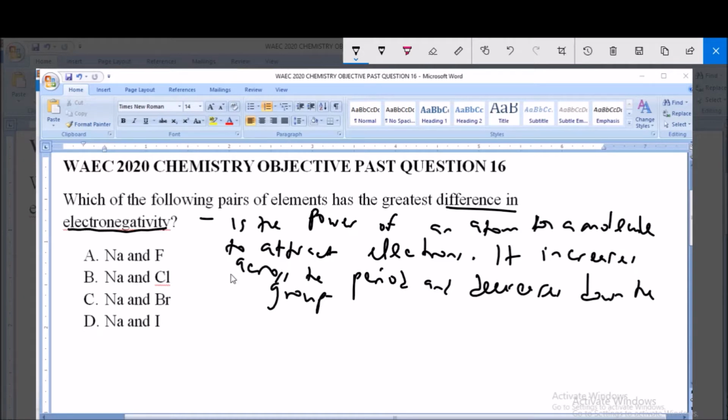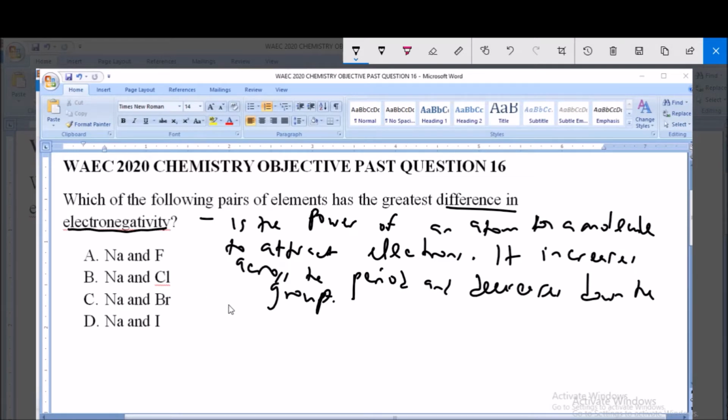So take for example group 1 elements. As you progress down the group, the electronegativity will decrease, and as you go across a period, the electronegativity will increase. So let's look at each of the values of the elements given to us as the options.